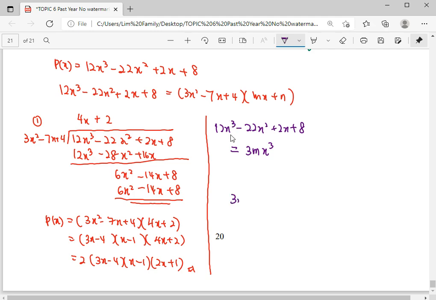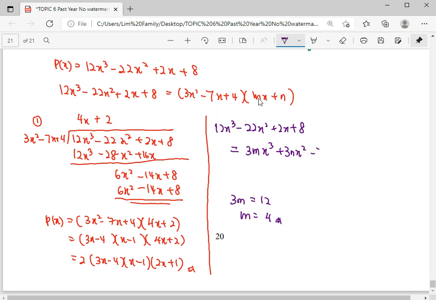So 3m is equal to 12, so m is equal to 4. Then we continue to expand.